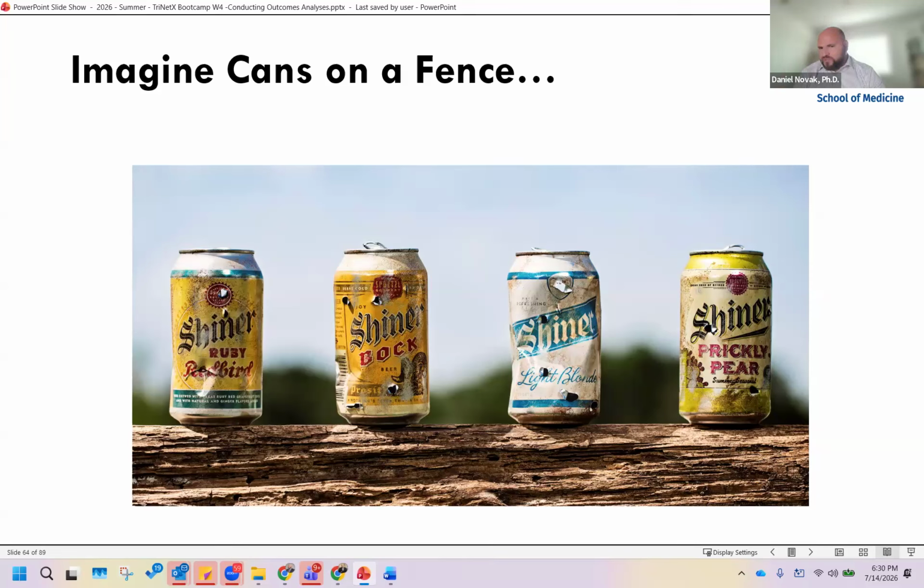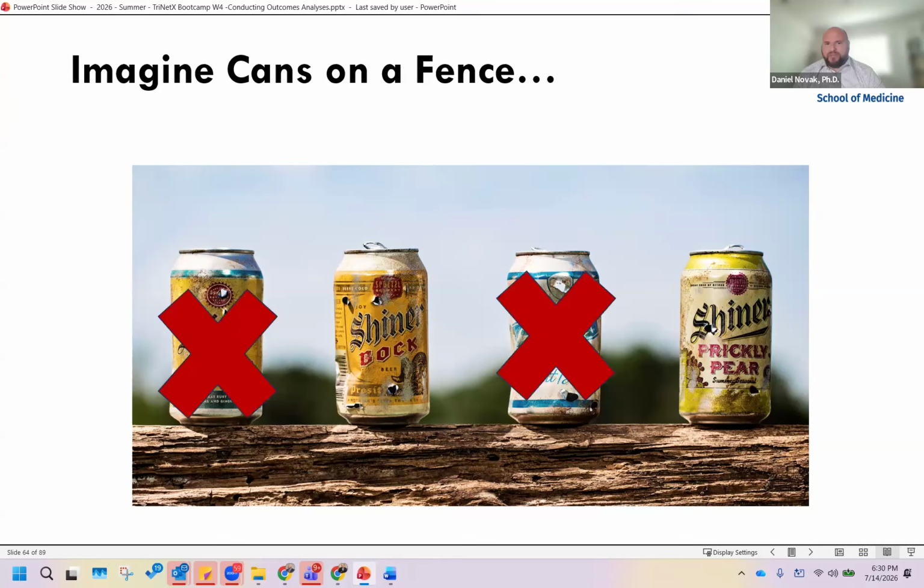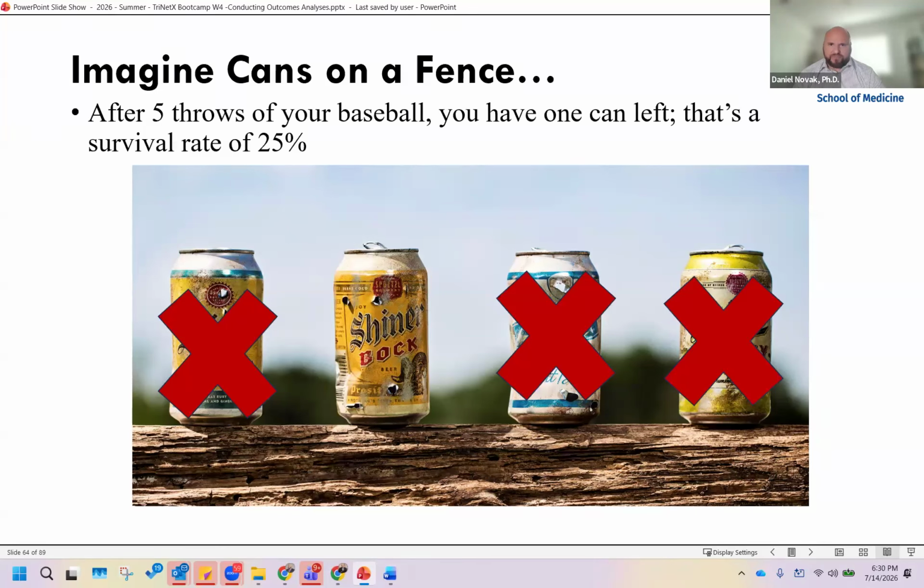And if you only hit two, then 50% of your can cohort would have been knocked over within the same five rock throwing period. So I know it's a little abstract, but just think about it as how many people are left unaffected during that time frame. So here we go. I knocked out these three cans. So in five throws, I knocked out three. 75% of the cohort. Survival rate of 25%.